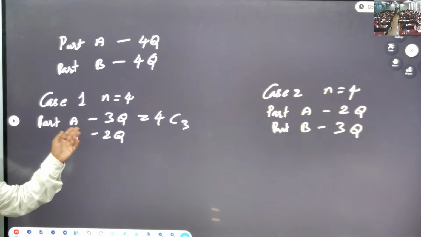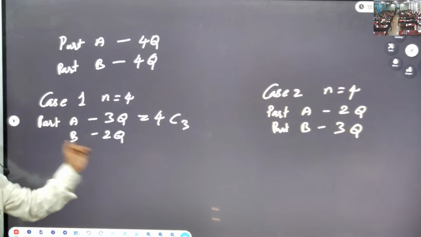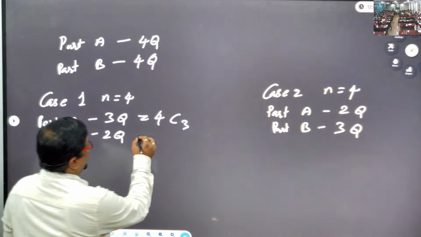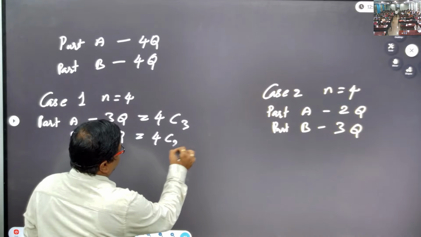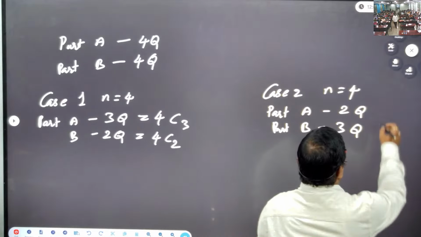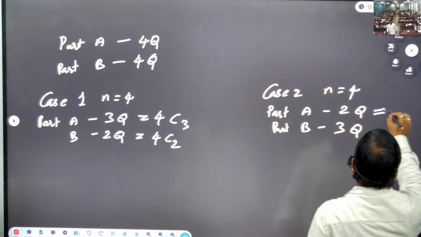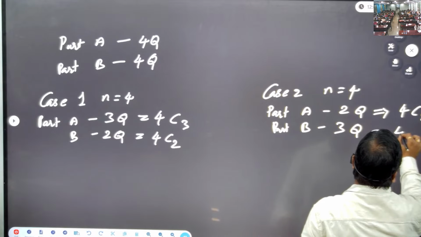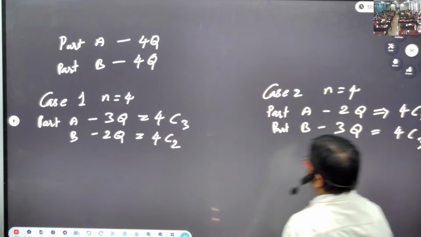Right. What is your value in part B in the same case? 4C2. Right. Coming to the other side, for 2 questions it is 4C2 and here 4C3.